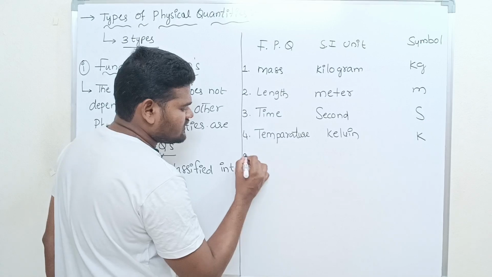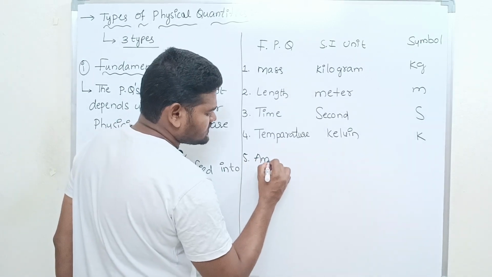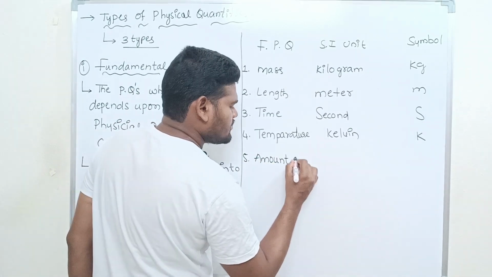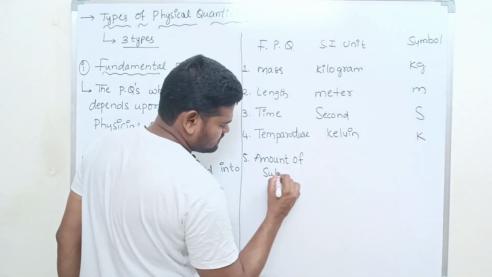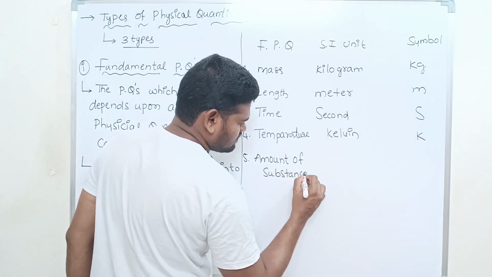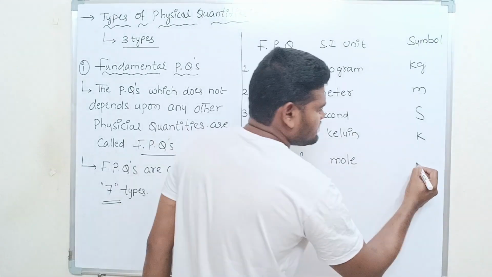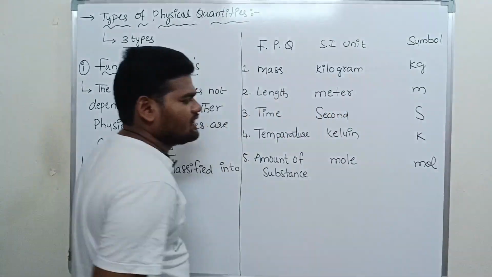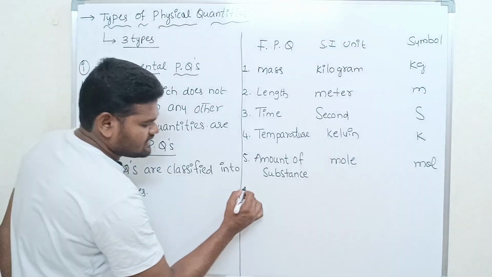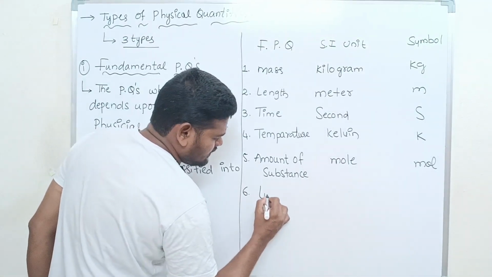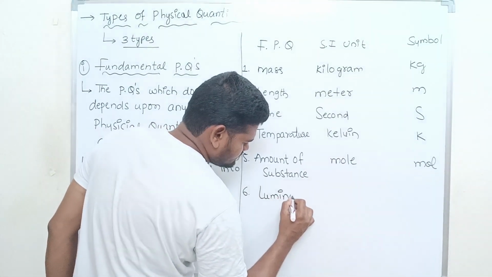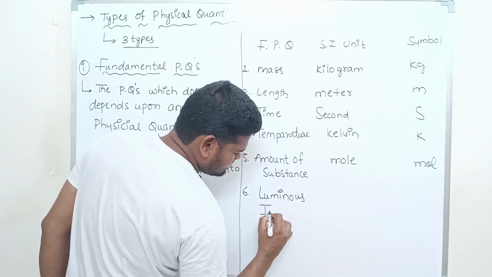The fifth one is amount of substance. The SI unit is mole and its symbol is mol. The sixth one is luminous intensity.